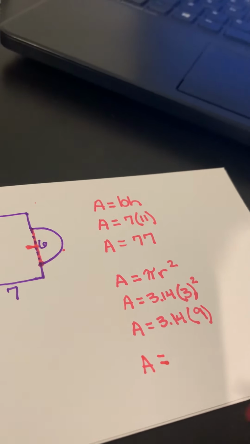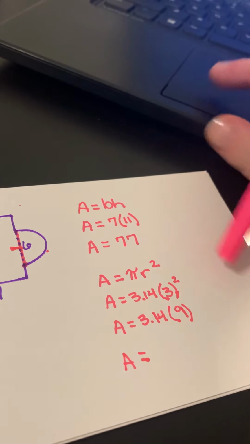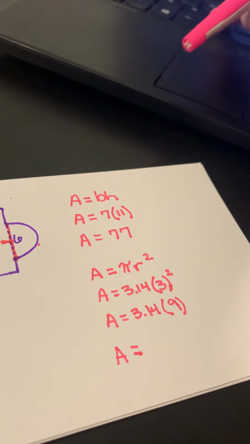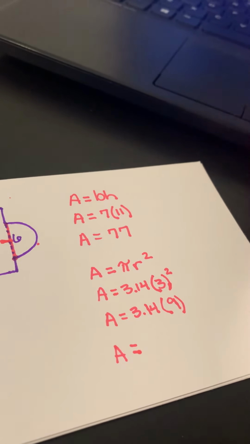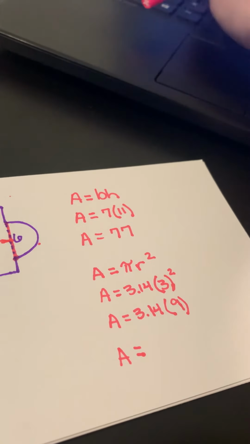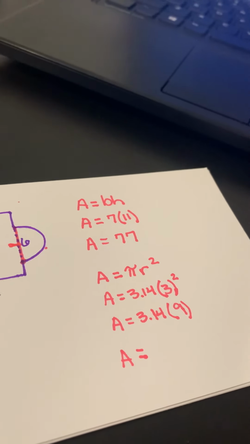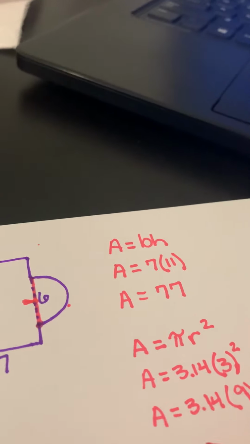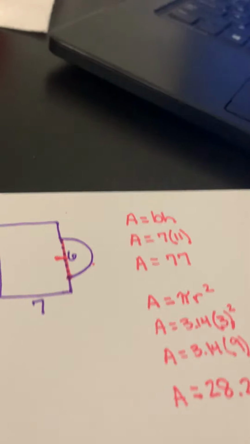And that will give you the answer for the semicircle. Let me go ahead and figure that out for you. We have 3.14 times 9. We would get 28.26.